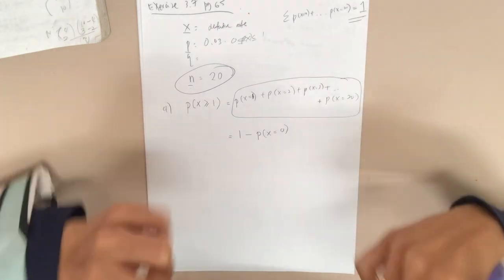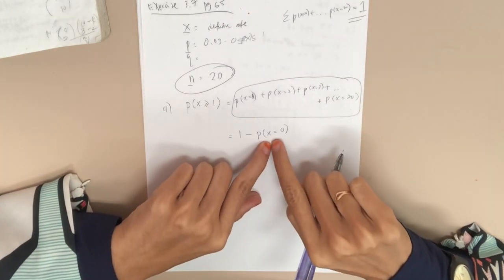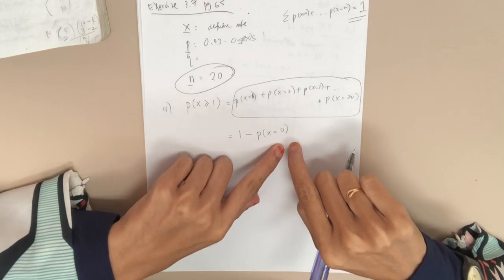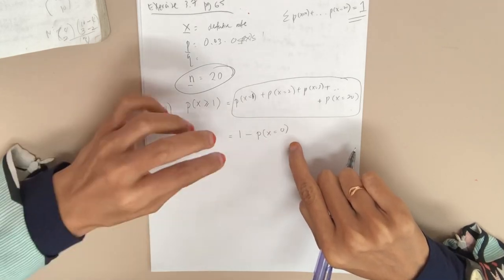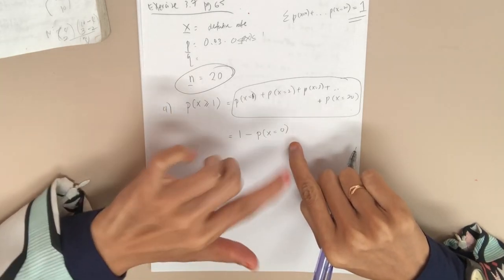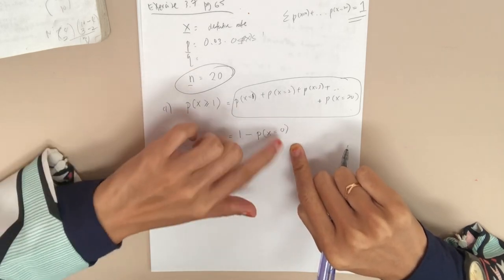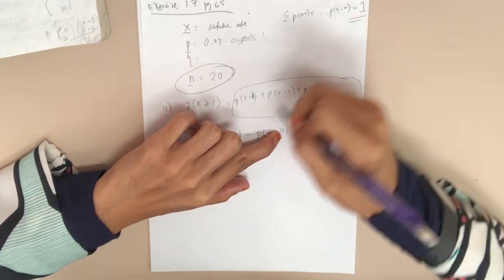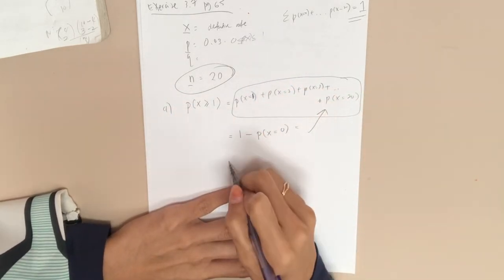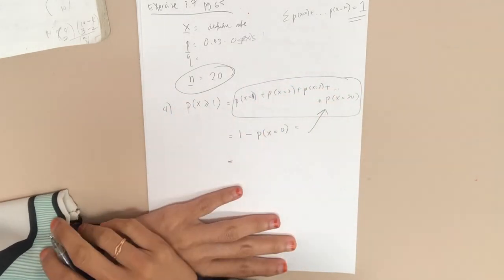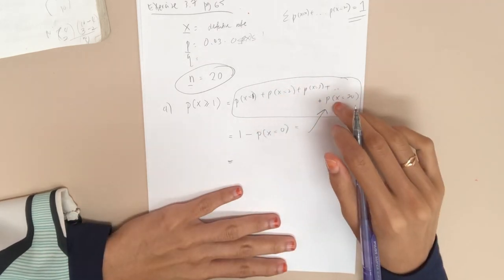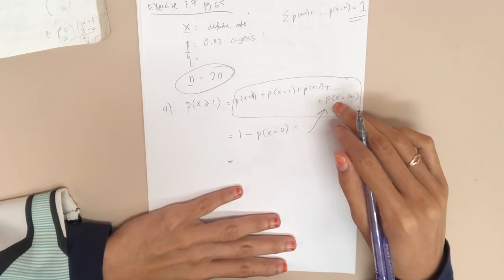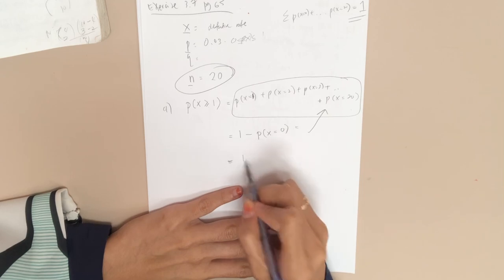So why not we calculate at 0, and after that, 1 minus. When we do 1 minus this probability, we get the answer. So our life is easier compared to doing it the other way. Right, so now we just find this one.